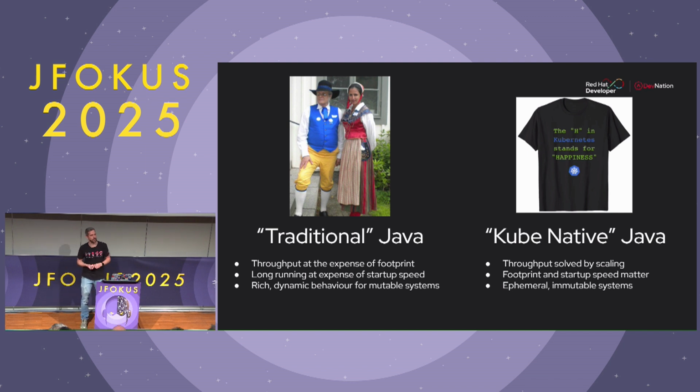So we need to handle this a little bit differently, because our throughput is really solved by the scaling of the containers. In the container world and in the Kubernetes world, the footprint becomes a lot more important, because the smaller our containers are, the more flexibility we have to schedule them along the different nodes.